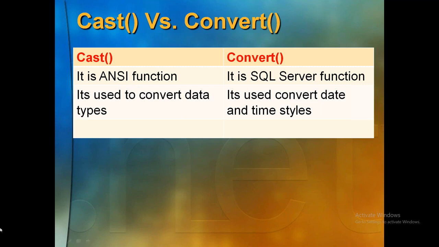So this function is available in all RDBMS software: SQL Server, Oracle, MySQL, Teradata, PostgreSQL. But convert is not like that. It may not be guaranteed in Oracle, MySQL, or Netezza and DB2 databases.